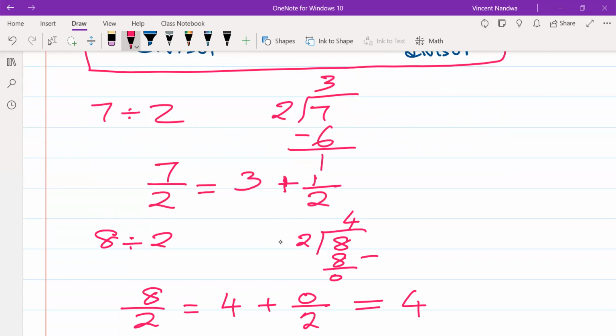The remainder may or may not be 0. When the remainder is 0, we say that the divisor is a factor of the dividend. Like we can say 2 is a divisor of 8 because the remainder is 0 when you divide. The words divisor and factor mean the same. Is that clear? The general aspect of division.